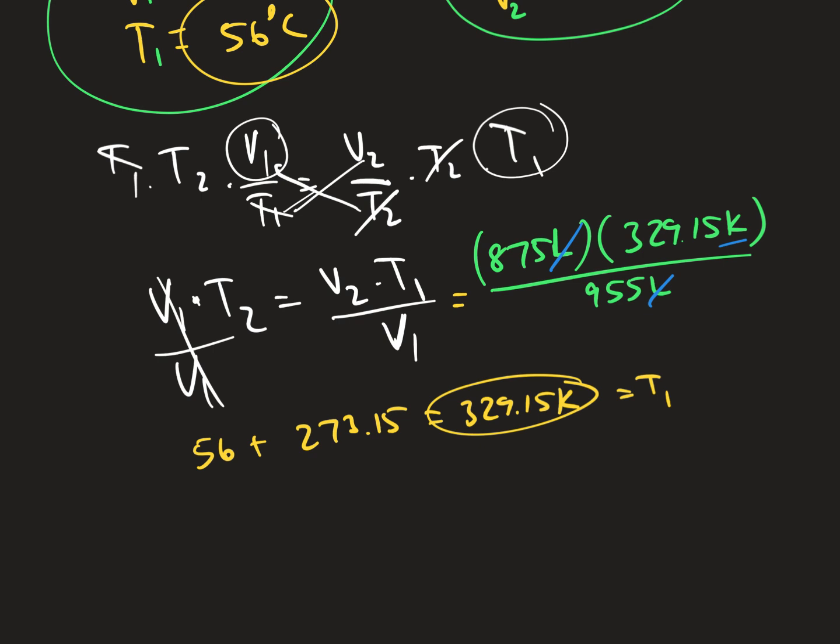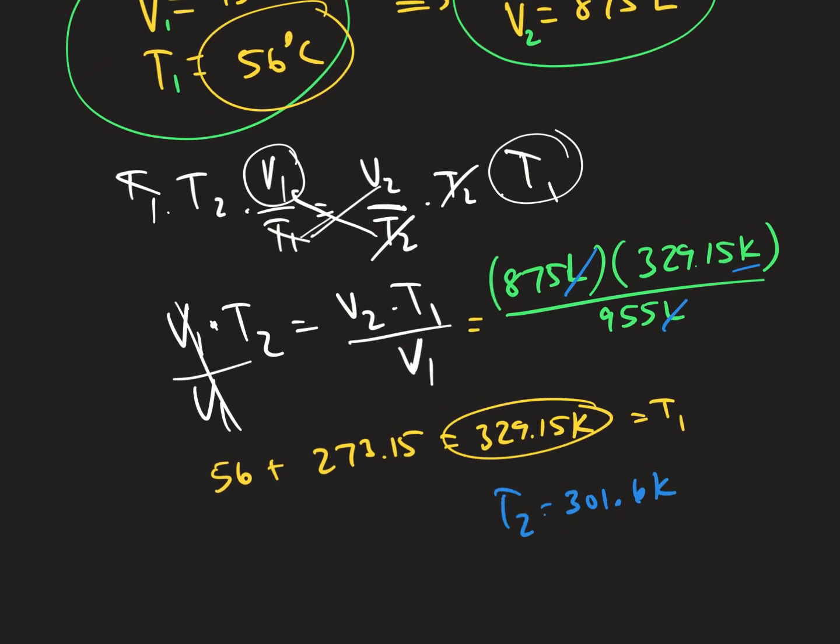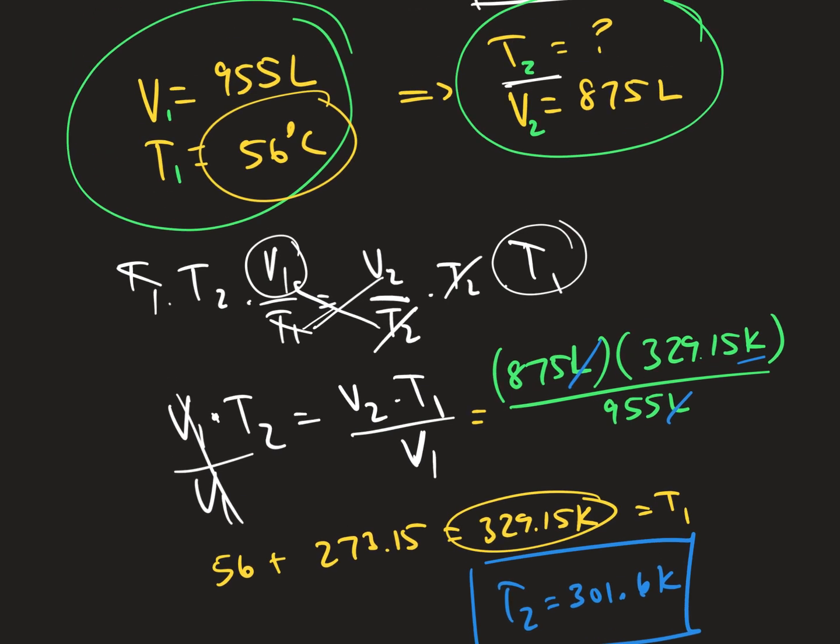All right. So we should get an answer of what? 301.6 Kelvin is our T2. So since our volume was lowered, our temperature was increased.